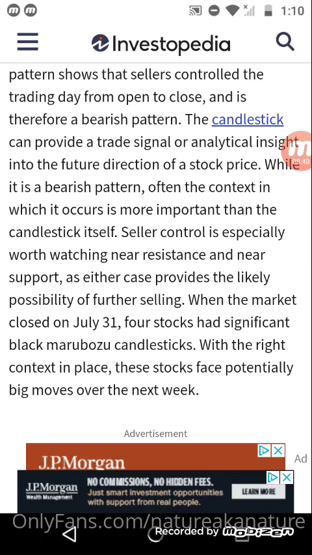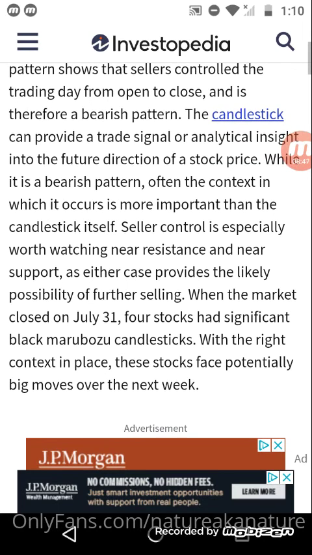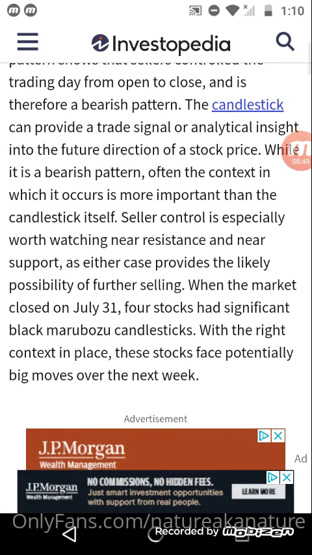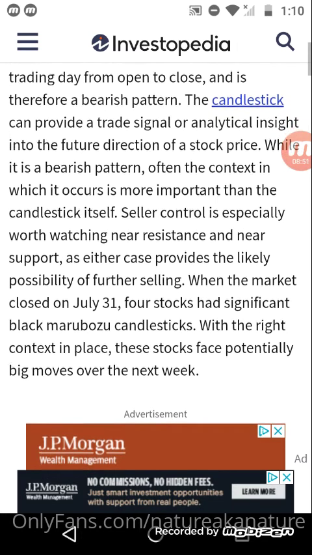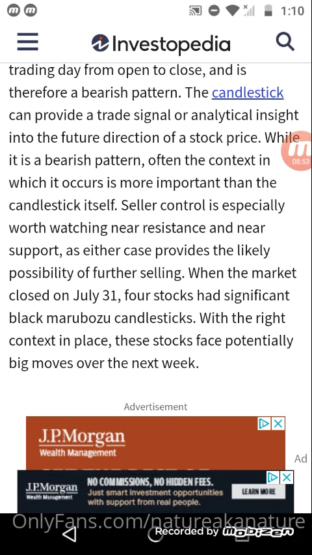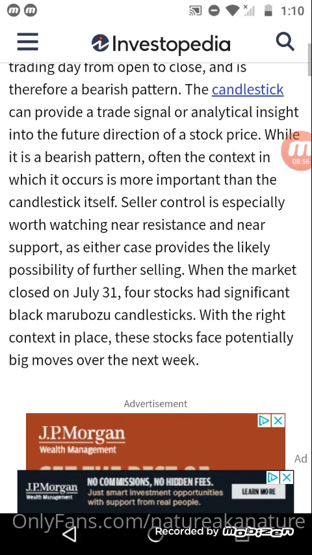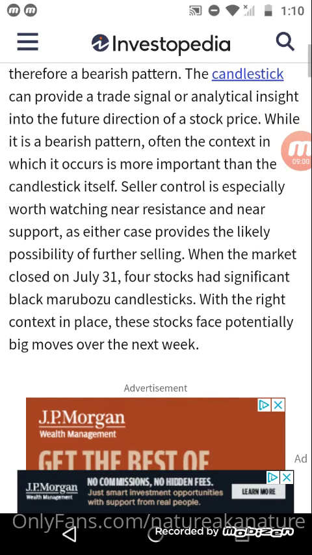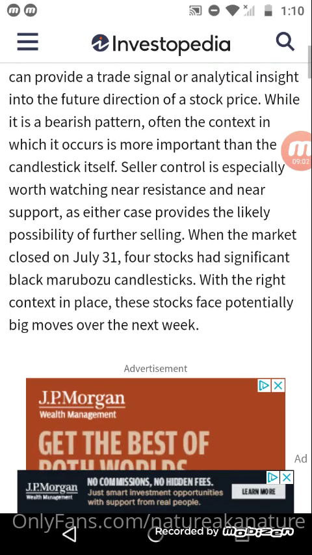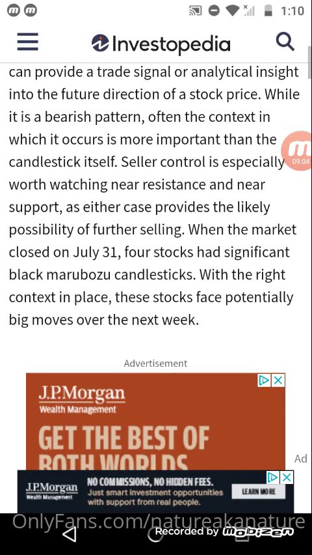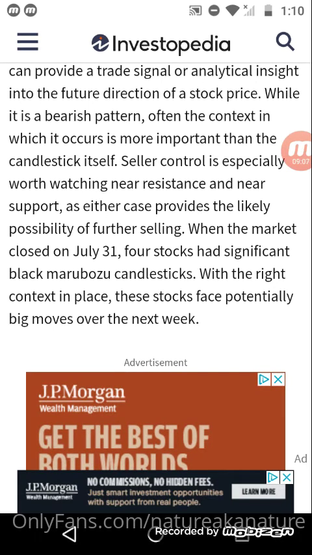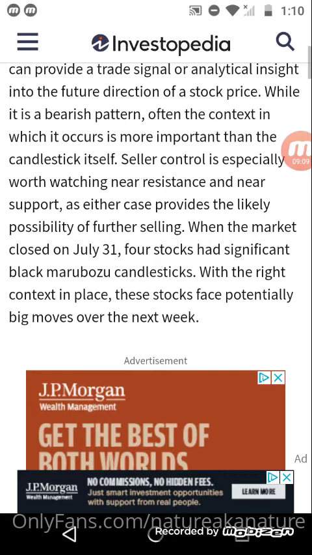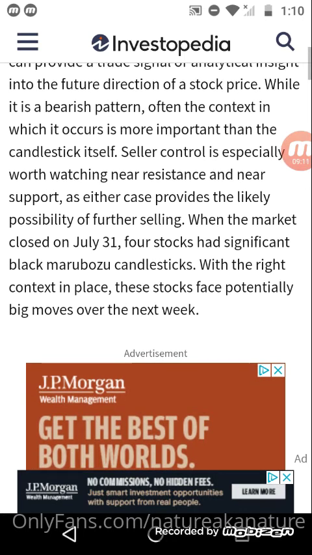So after we see that form, we wait for that Marubozo to form before we get into a trade. Once we get that candlestick formation, either green or red, and we get that confirmation of whether it's on an uptrend or a downtrend, whether it's going to be a continuation or a reversal, once we understand what price is trying to tell us as far as the candlestick is concerned, then we get in for a trade.